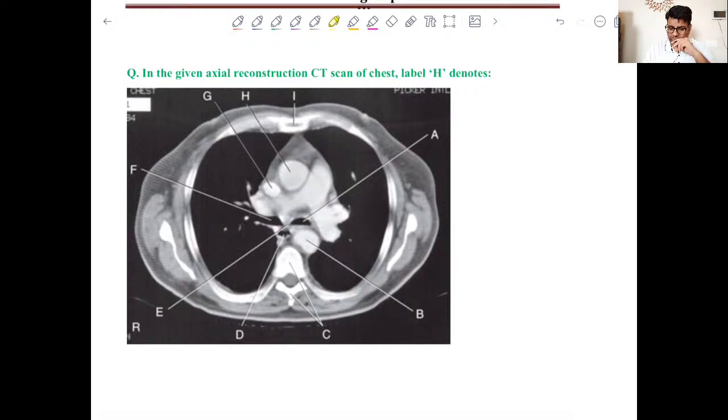This question is about the label H, and the label H is this one. This is the structure which you have to identify on this transverse section of the thorax. This one. Yes, I am waiting for your answers.